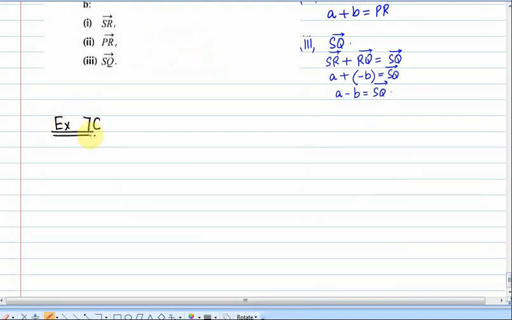On 7C, the first thing that we will study, and the very important thing, is the concept of parallel vectors. We all know the meaning of parallel: if there are two lines, they are parallel, that means they will never meet at any point, but they always stay together.